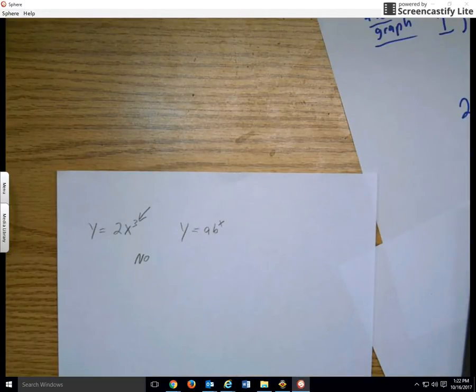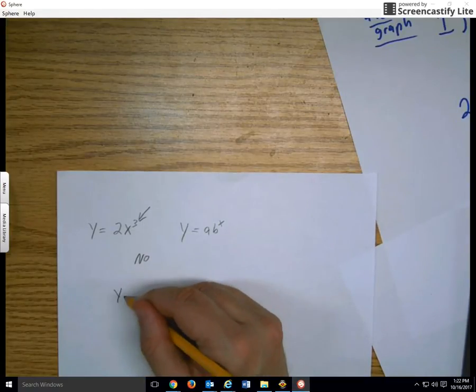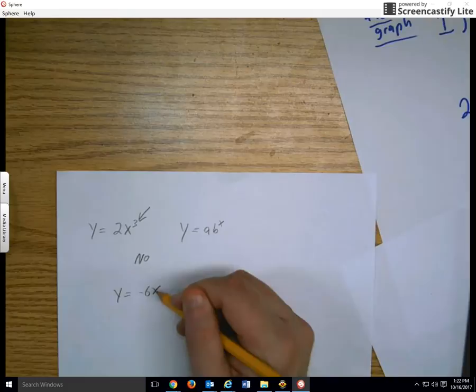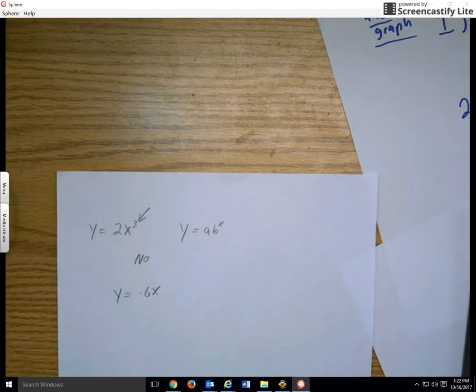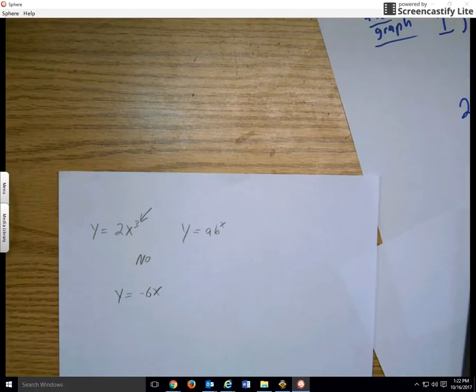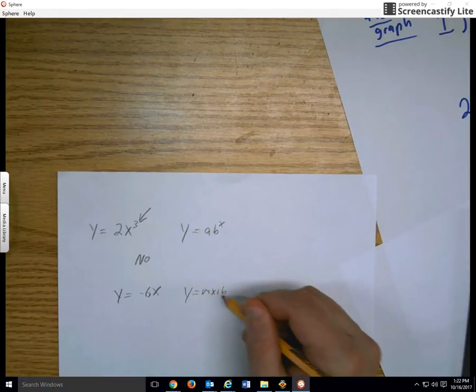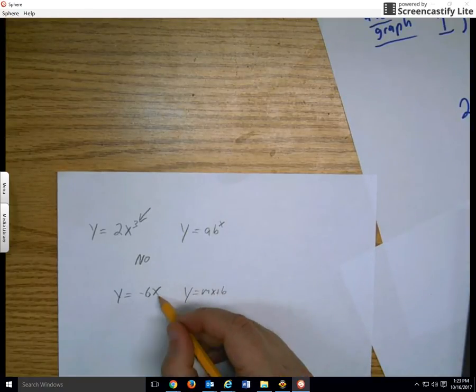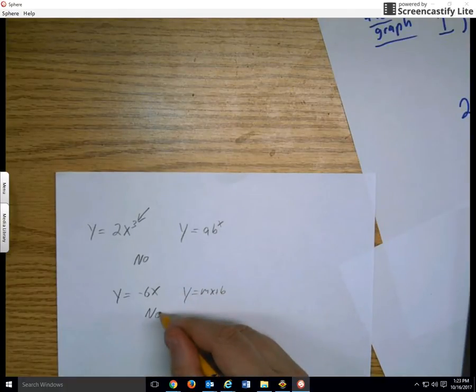So that would be a counterexample. What if I did one like this: y equals negative 6x? Would that be the format of y equals ab to the x? Well, the answer is no, because that's actually the format of y equals mx plus b. It's linear. It doesn't have an exponent. See how the x is large? It's not small like an exponent. So the answer would be no.